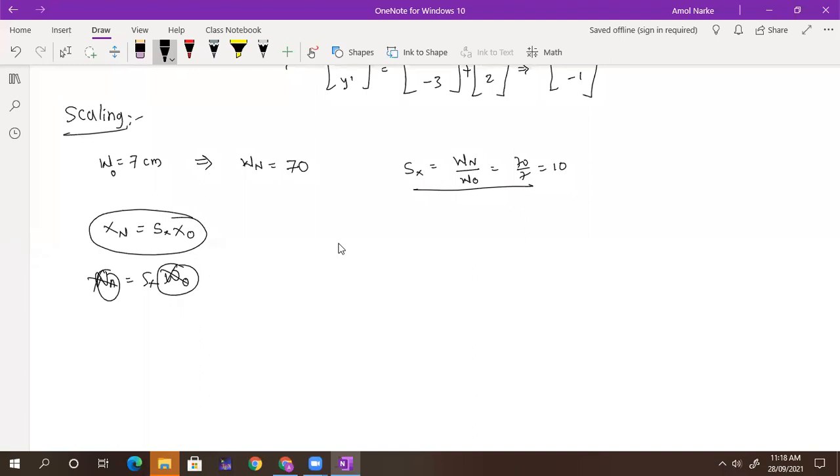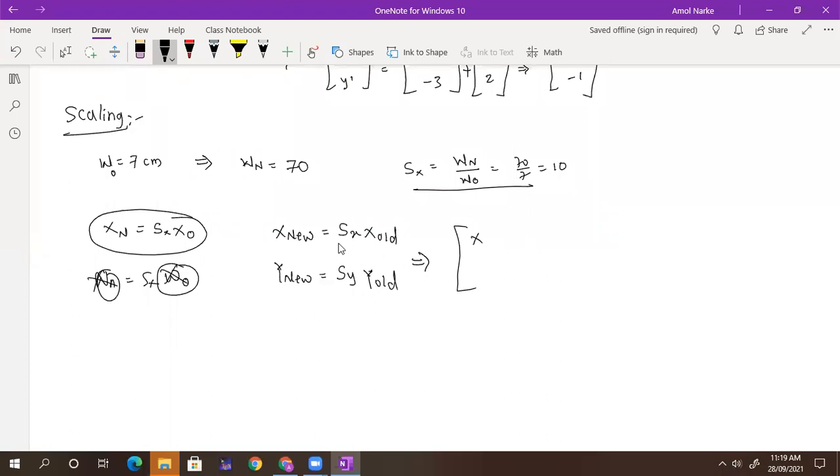So what I am getting is x new equal to Sx into x old, and y new equal to Sy into y old. So how are you going to find your matrix now?